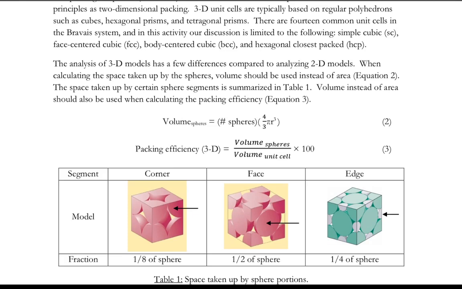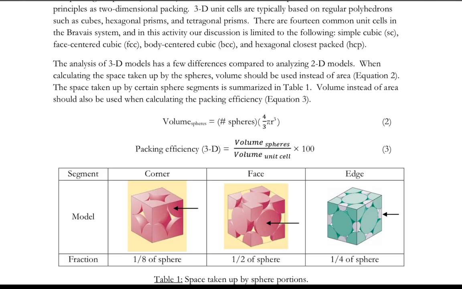Okay, so table 1 is showing what portion of a sphere has the arrow to it. In the first diagram, we have the corner being referred to. 1/8 of a corner in 3 dimensions is part of that unit cell.